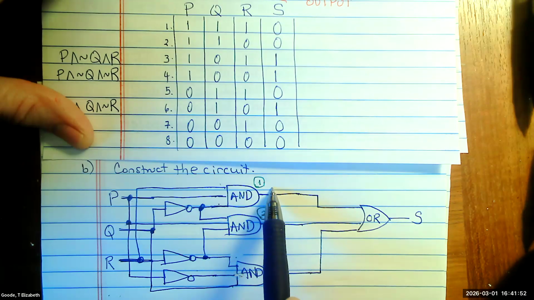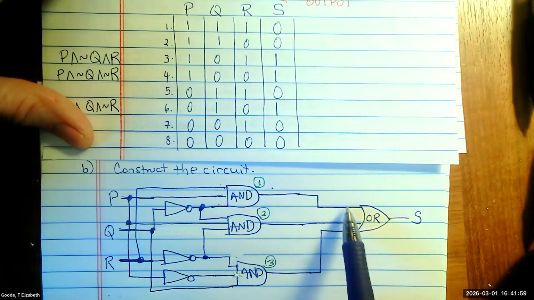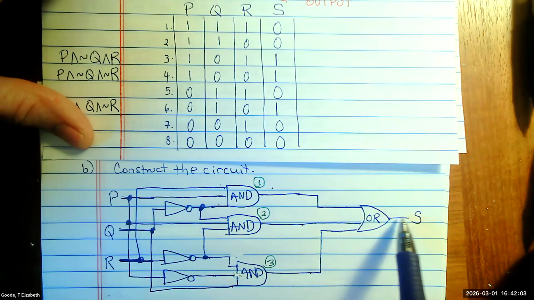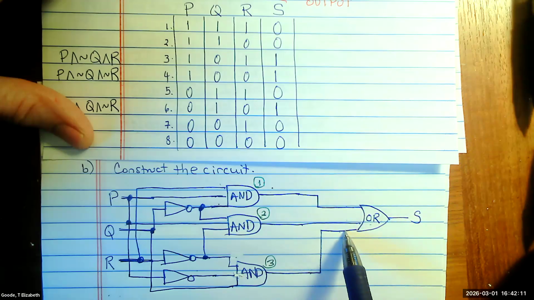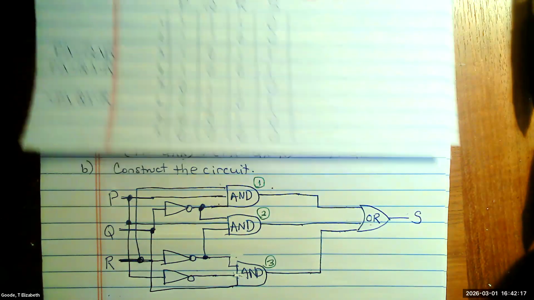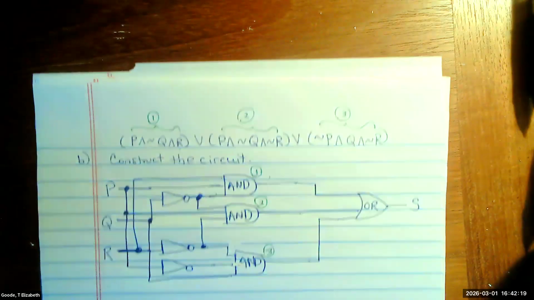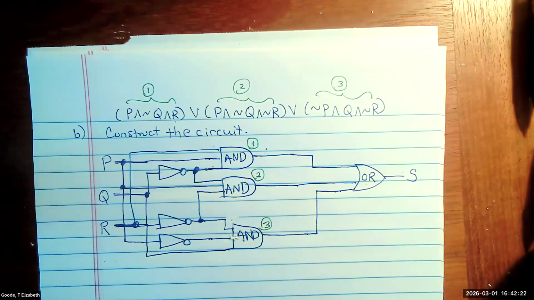And we would get a 1 here as output from this first AND gate. And having one of these 3 wires hot would be enough for this OR gate to output hot or 1, because OR will be hot or true if any of the input wires is hot. So you can play that game. I don't really feel like going through all that right now unless I really need to. But that's the circuit.